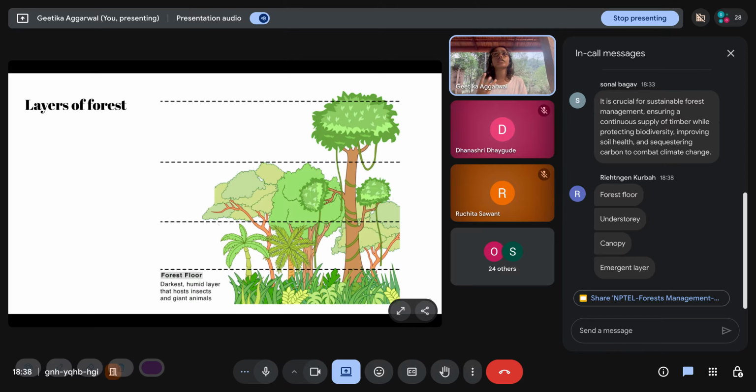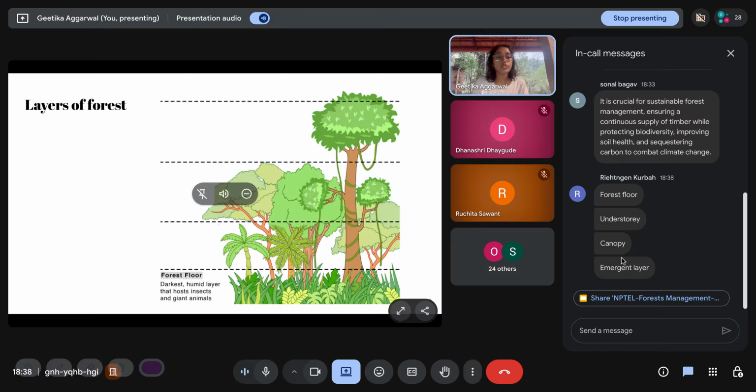Very little sunlight reaches the forest floor if you're talking about, say, a dense forest or a tropical evergreen kind of forest. And it hosts a lot of detritivores, and a lot of worms and insects which stay in the lower layers. And there are some grasses which are shade tolerant.